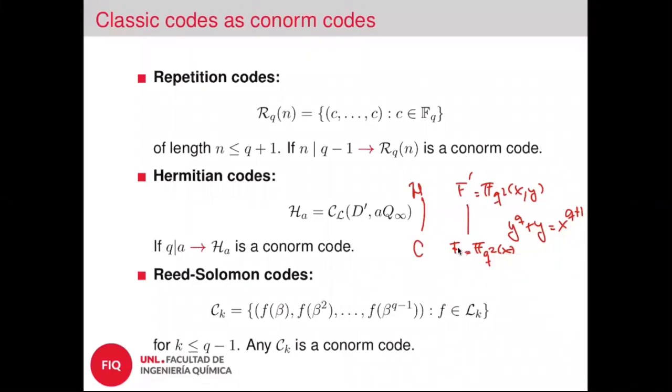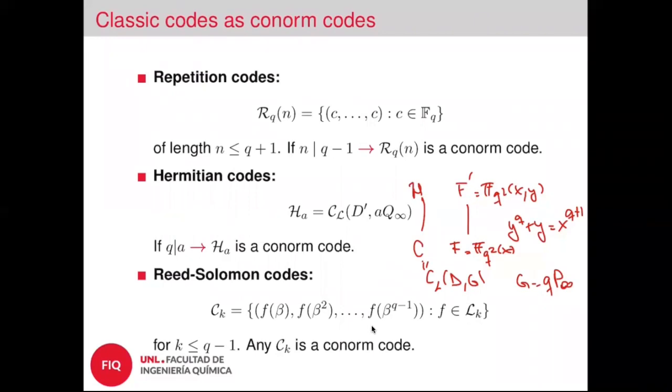And we use that place to make the divisor G. So here this code is C_L(D, G), where G is q P_infinity, for example. Then the conorm code of this one is exactly what is known as the Hermitian code. So the Hermitian code can also be represented as a conorm code.